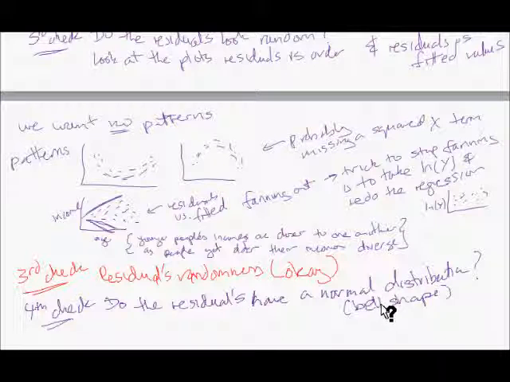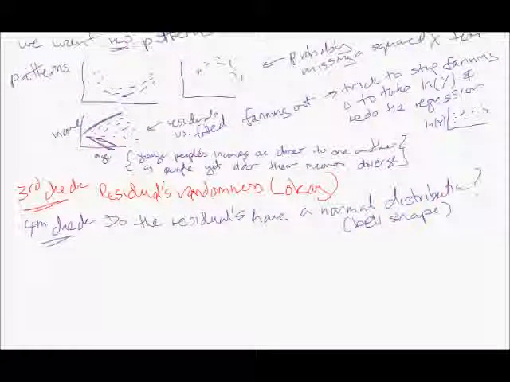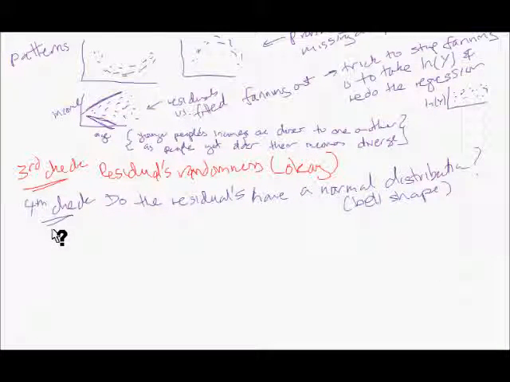We expect that to be true. If they're really random, we expect them to have a bell shape. The reason is, if you know Plinko, or it's really called a Galton board, where you have the pegs and the balls bounce down the pegs, that's what randomness should be.